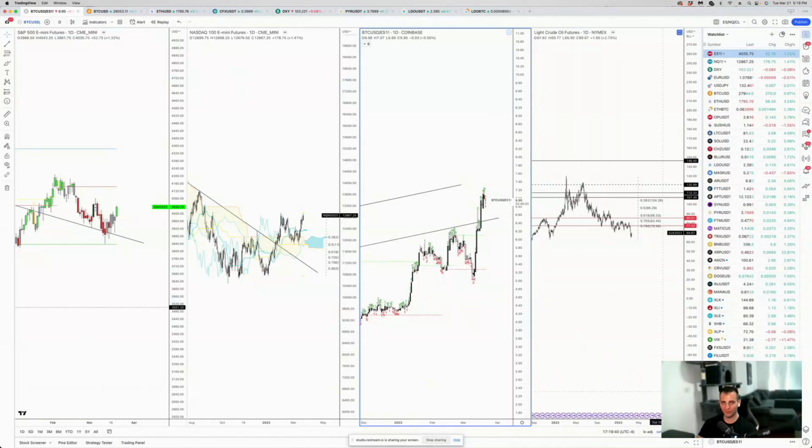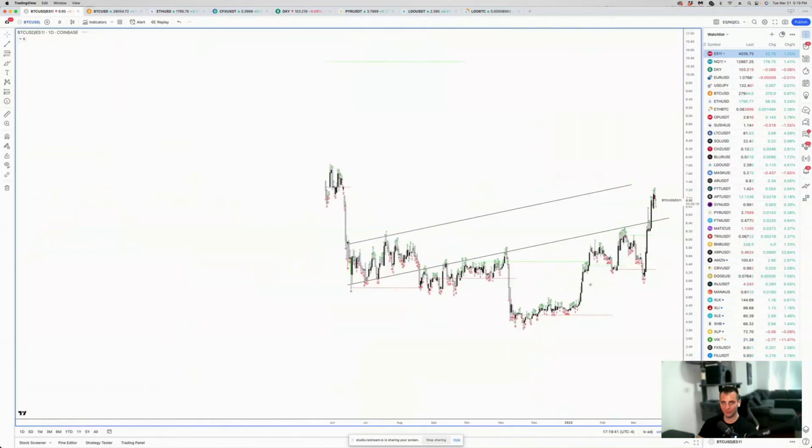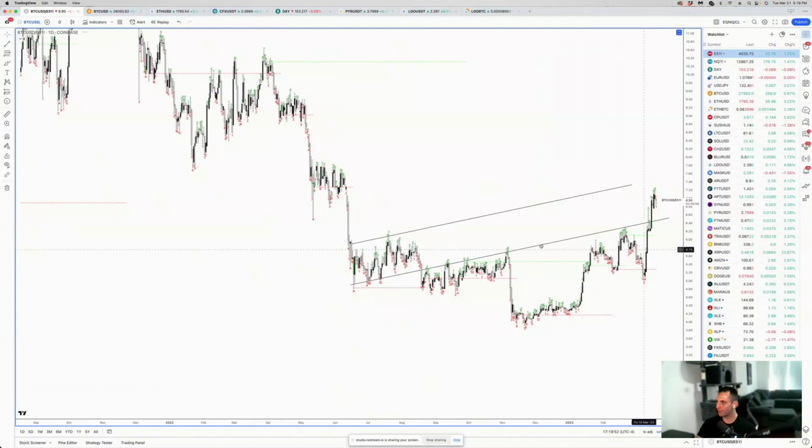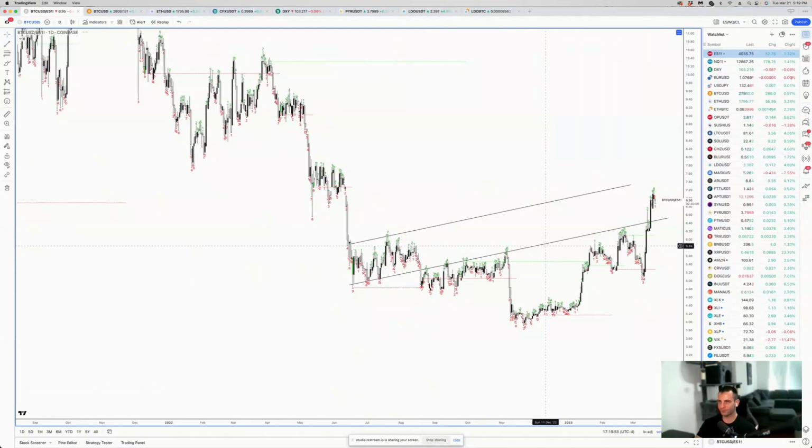This one is actually pretty interesting. This is Bitcoin versus ES. You had your 9 up here, and now you actually have a red 1. So is this the start of Bitcoin underperforming the S&P?